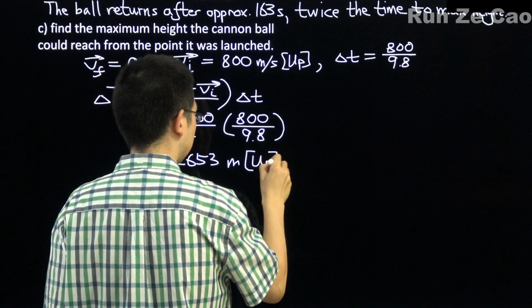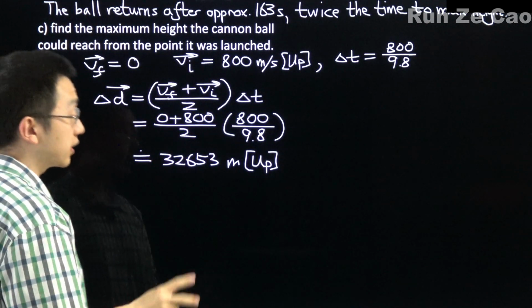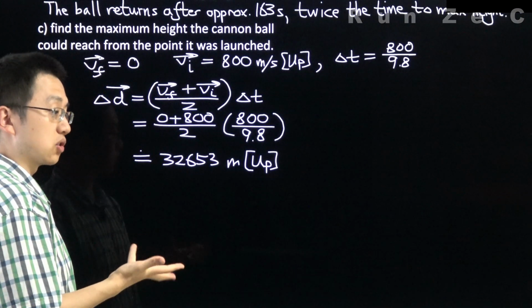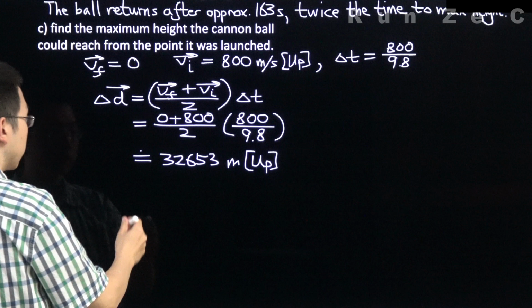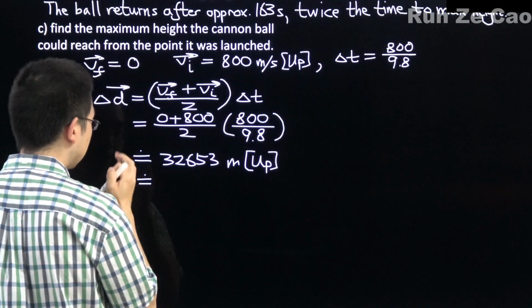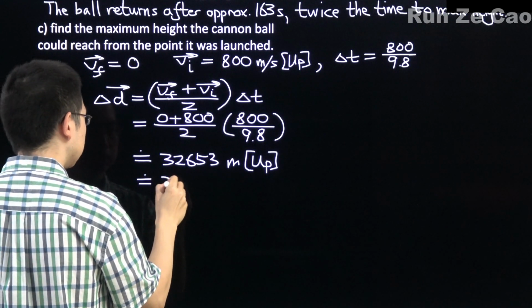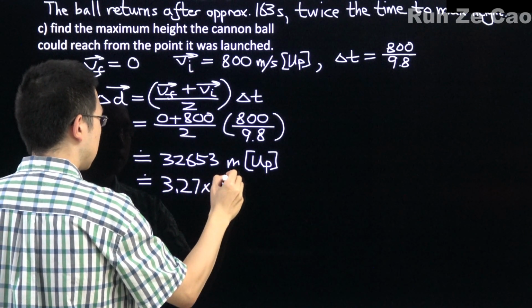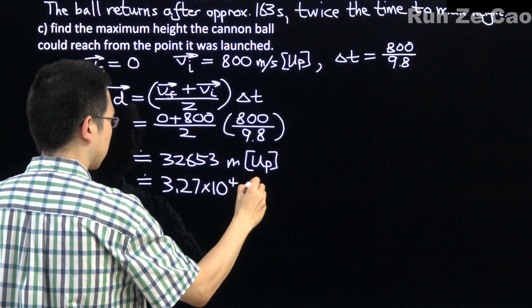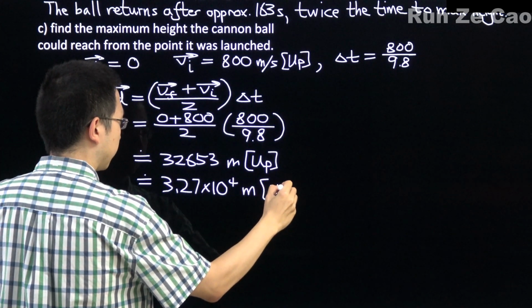up. Now there's a bit of an issue here. We have 3 significant digits to work with, 800 for the 800 meters per second. So here we can only keep 3 by the significant digit convention, which comes out to 3.27 times 10 to the 4th meters up.